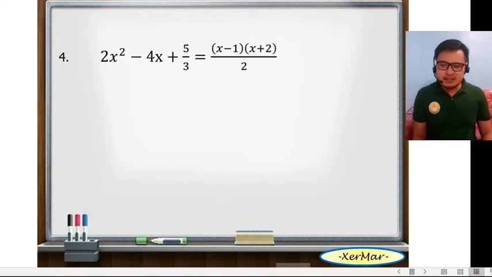Dahil ang given natin ay 2x squared minus 4x plus 5 over 3 equals quantity of x minus 1 times the quantity of x plus 2 all over 2. Okay.